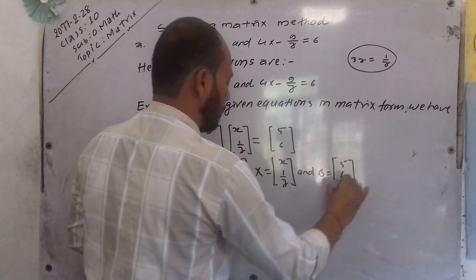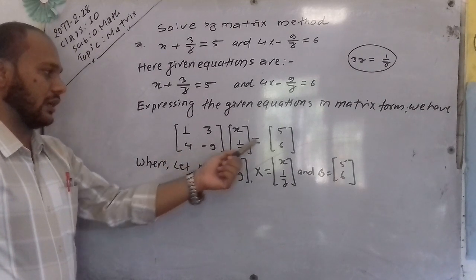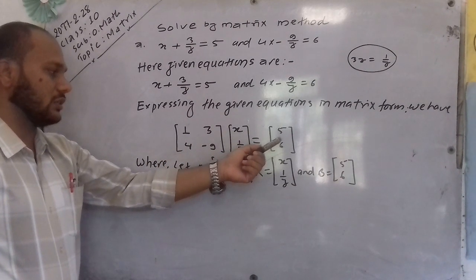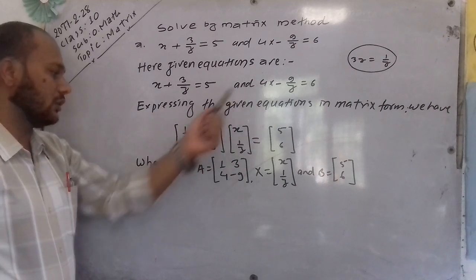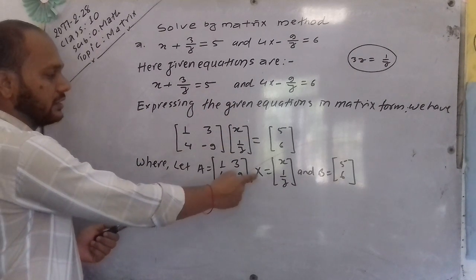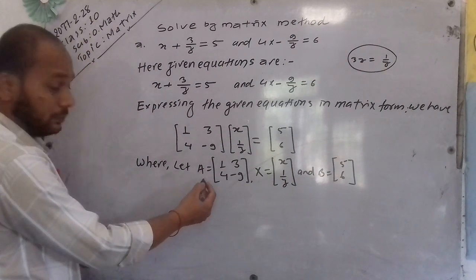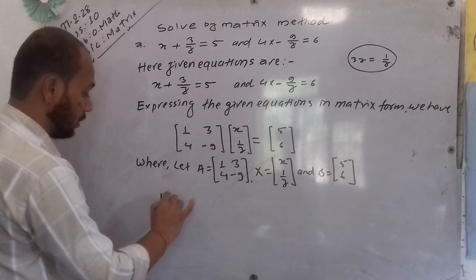My dear students, when we multiply these two matrices and equate this with this, then again we get the given equations. And now first we should find the determinant of the matrix A.